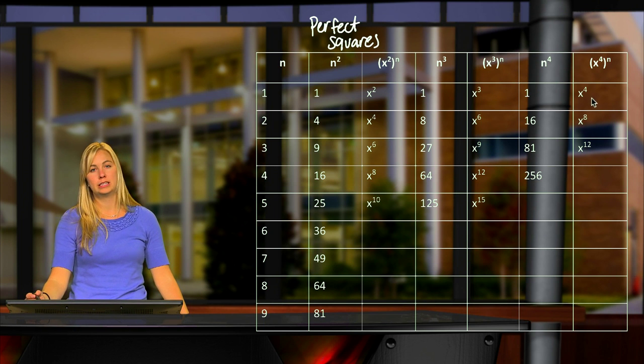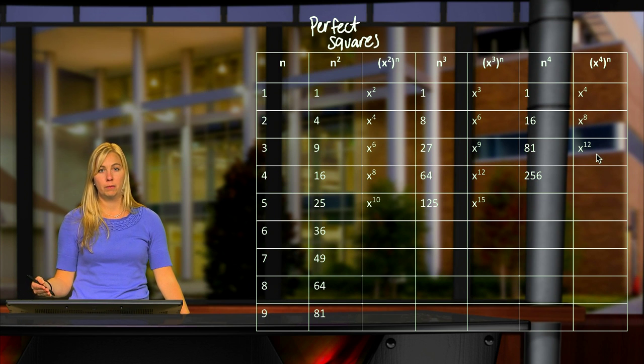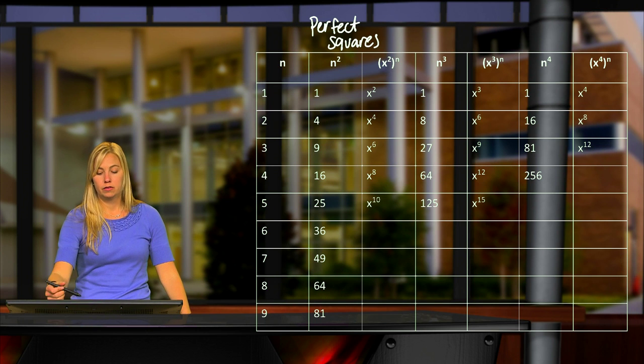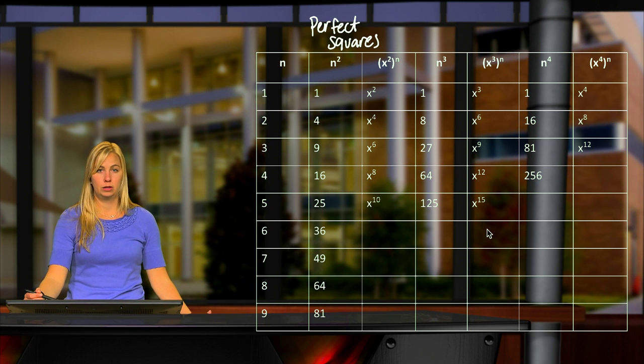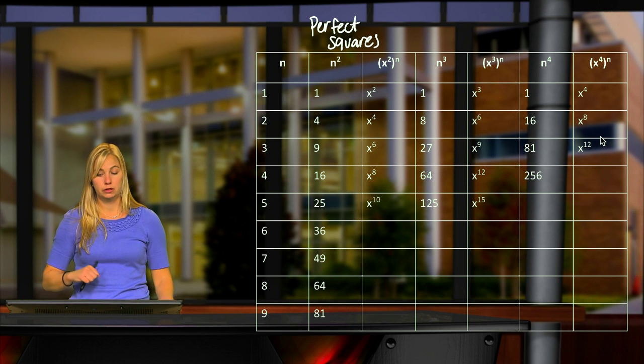For our variables, x to the 4th, x to the 8th, x to the 12th, the pattern is that our exponents are multiples of 4. So for our variables, perfect squares, the exponents are multiples of 2. For our perfect cubes, the exponents are multiples of 3. For our fourths, the exponents are multiples of 4.